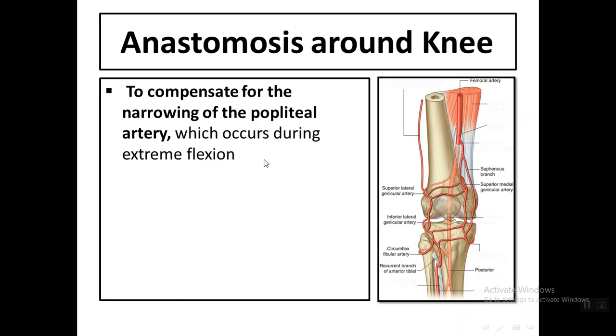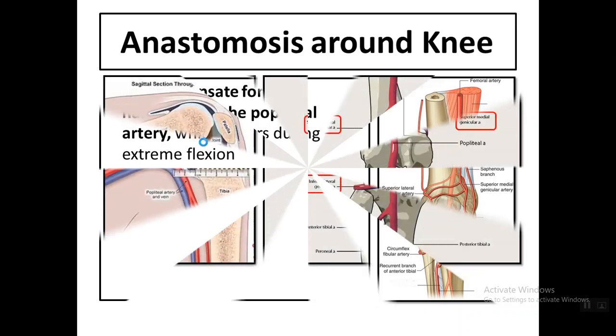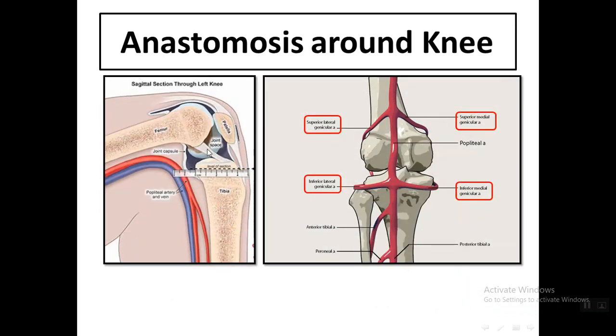During flexion of the knee joint, the popliteal artery is kinked, so the blood supply to the leg normally decreases. To compensate for this, we have these branches of arteries around the knee joint.